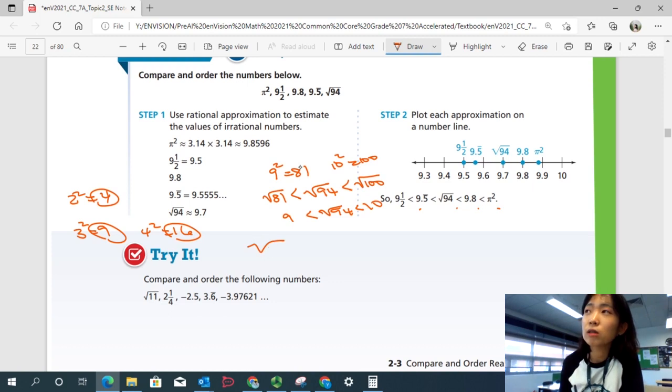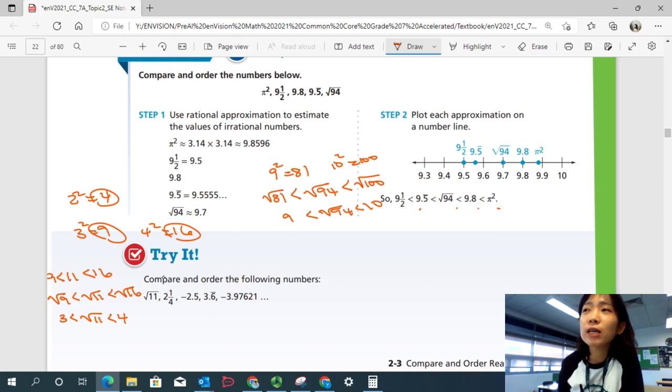11 is between 9 and 16. So square root 9 is less than square root 11, and that's less than square root 16, which means square root 11 is between the whole numbers 3 and 4.